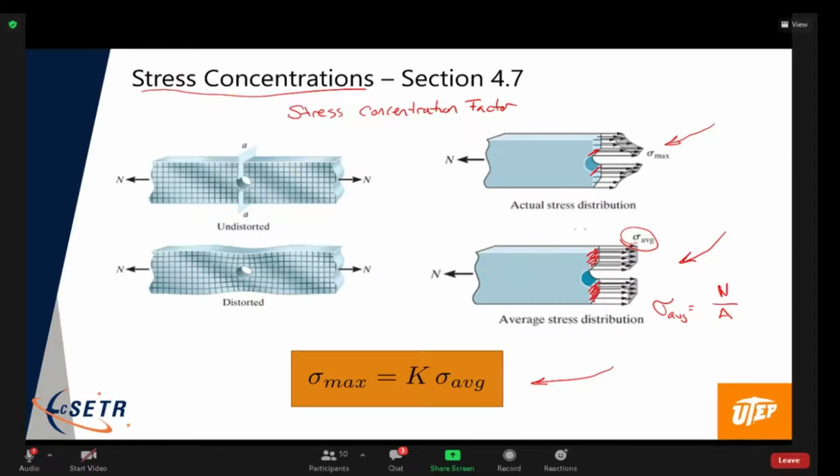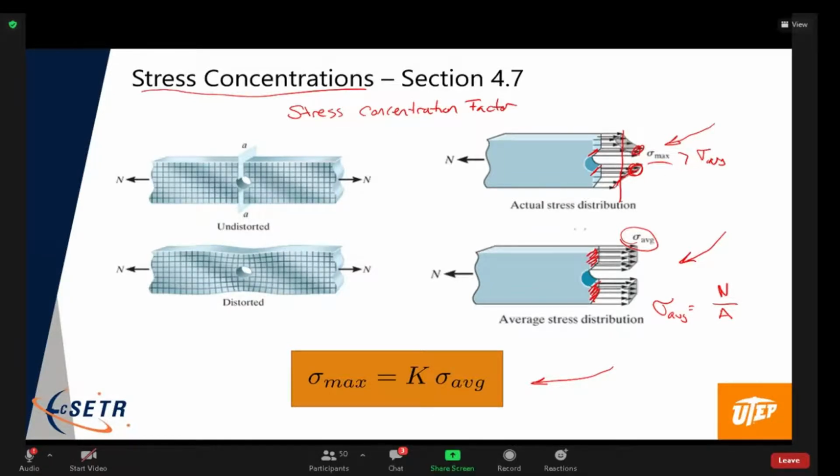Now, as I just stated, the actual stress distribution is quite a bit different than that. Right around the hole, you see a peak stress that's greater than that average stress. That's the stress concentration.